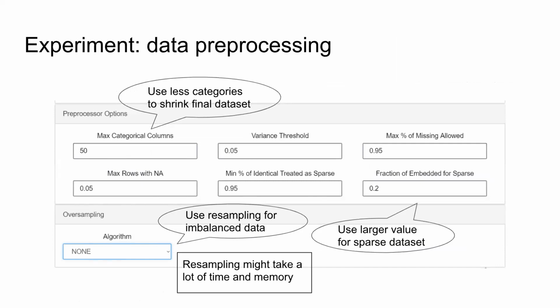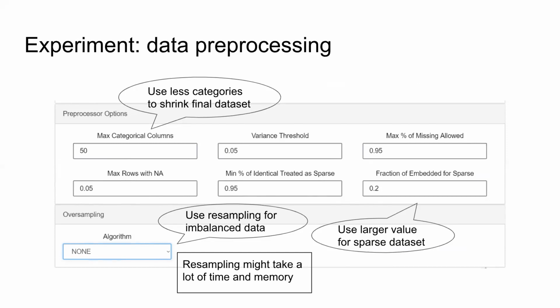On the bottom, you can select the advanced options, and then you come to data preprocessing settings. At first, if your data set contains a lot of categories, you can consider putting a lesser number of categorical columns, which will shrink your data set.